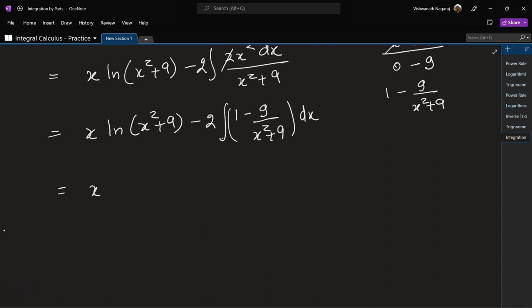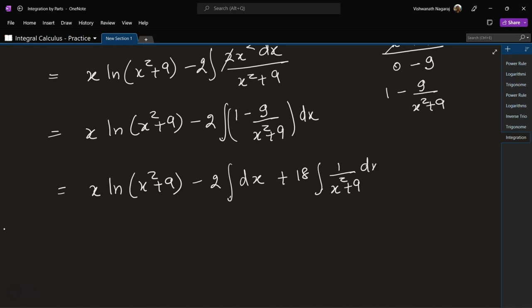Now the advantage of doing this is that now we can integrate it term by term. So we get 2 times integral of dx plus 2 times, or not 2, 9 2's 18. So plus 18 integral of 1 by x square plus 9 dx.